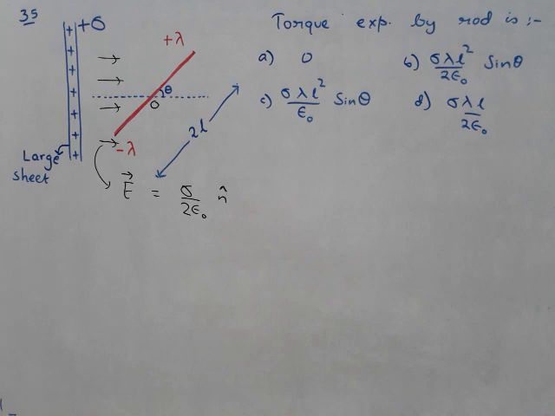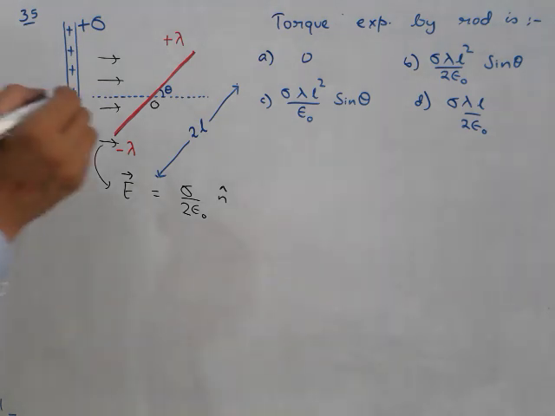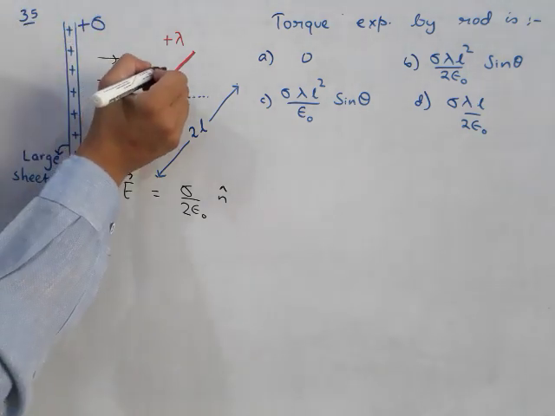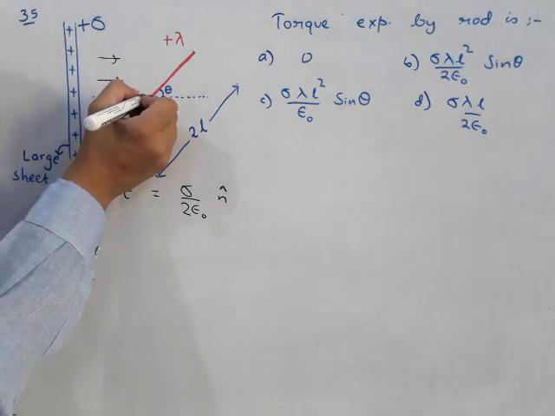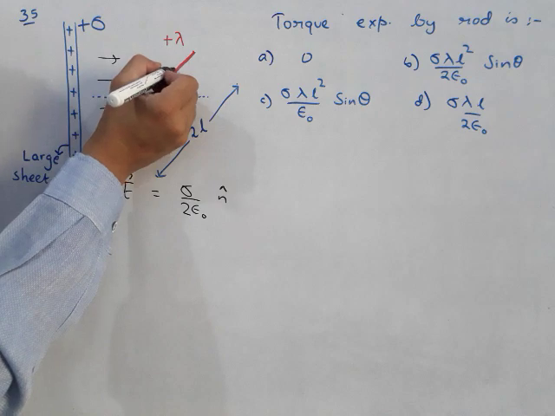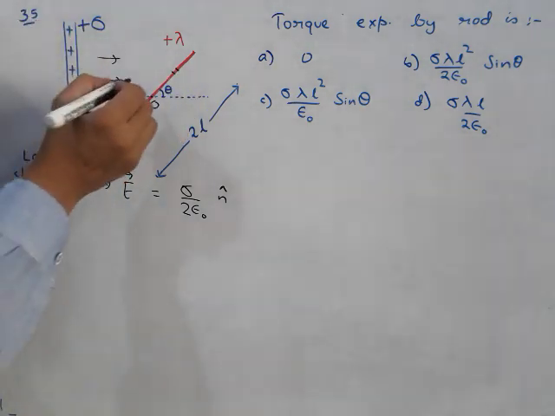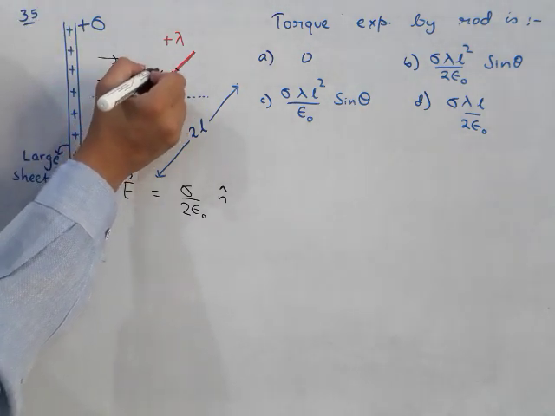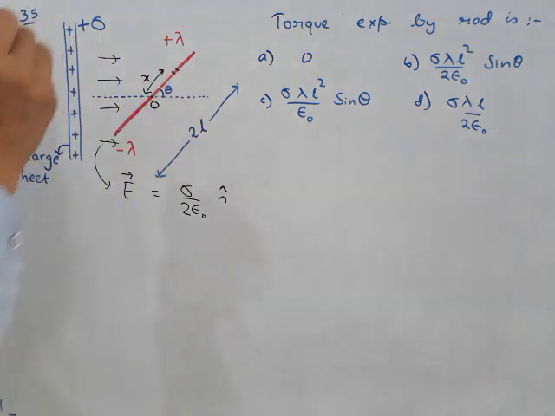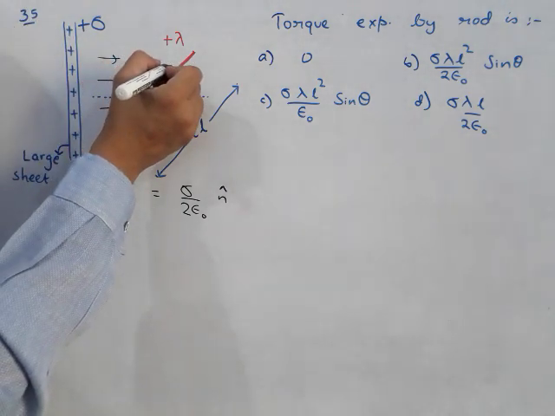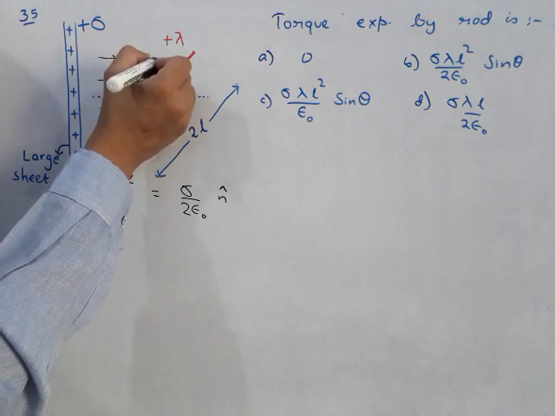Now we have to find the torque. To find the torque, what we will do? We'll choose an element at a distance x from O over here. So this distance we'll take as x. Its thickness we'll take as dx.